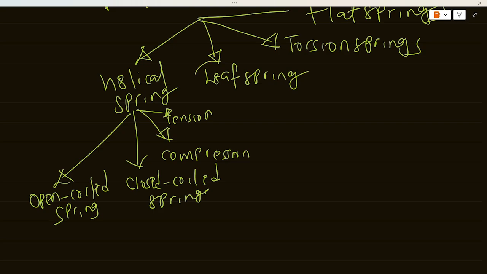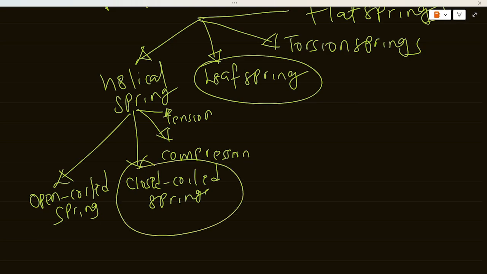Under the leaf spring, because of space, I will dictate: we have the elliptic spring, that is the full elliptic spring, the semi-elliptic spring, and lastly, the cantilever springs. But for this video, we're going to be discussing closed-coiled springs. Let's dive in, guys.